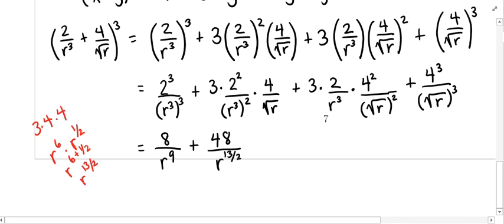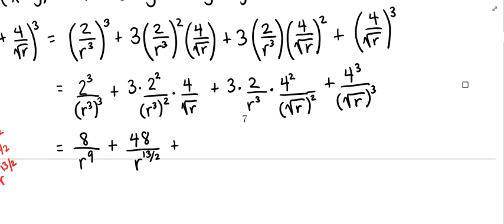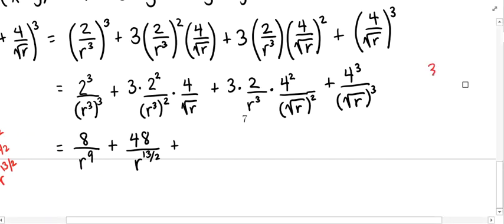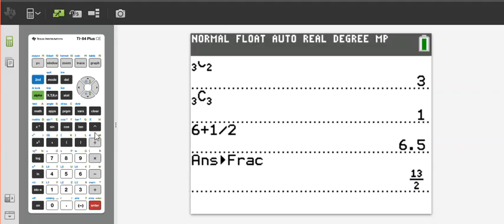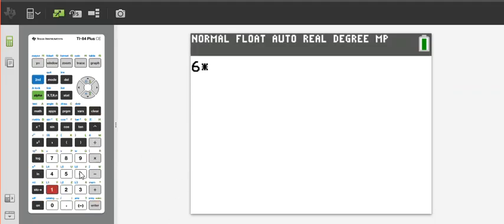All right, moving on. So the third term, what's the coefficient going to be? What's the number going to be? We have 3 times 2 times 4 squared, which is 16. So this is going to be 6 times 16, which is 96.